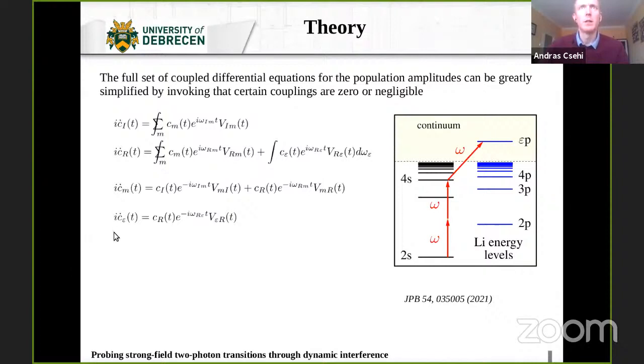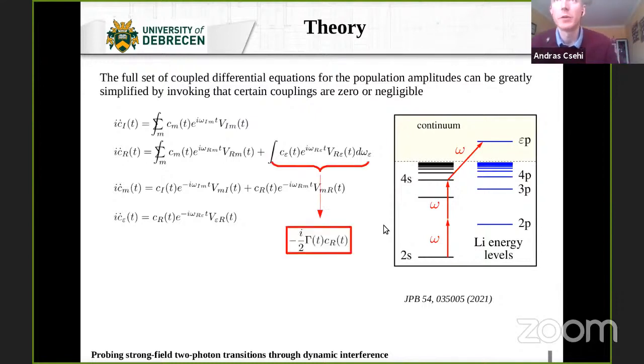And this is a much more simple form of the equation, which can be further simplified by invoking certain approximations known from the literature. For example, the so-called local approximation. In that approximation, we can substitute this term by this lossy term here, where gamma is the rate for the ionization.